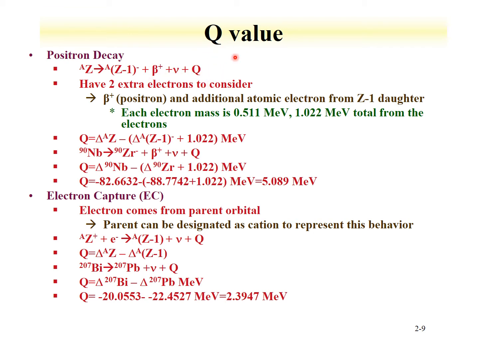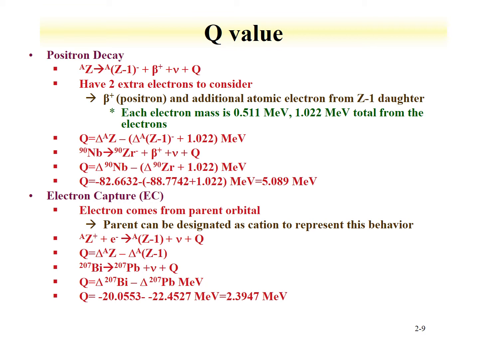So let's consider the Q value. Now, fundamentally, we have 2 extra electrons to consider. I have this atom that decays. I've taken a proton and converted it to a neutron. So this atom has an excess electron. This positron that comes out, we'll also treat as an electron. So we have 2 extra electrons to consider: the positron, and an additional electron from the daughter.